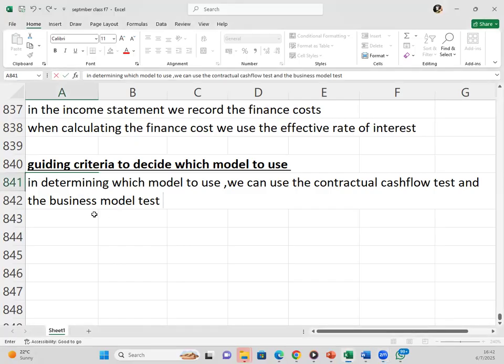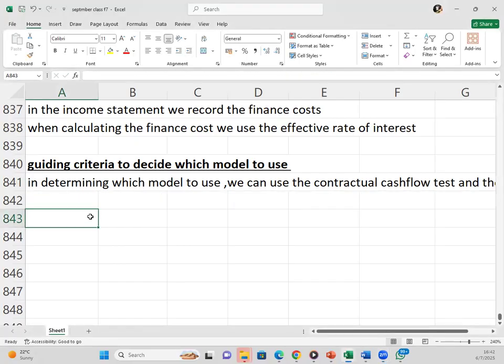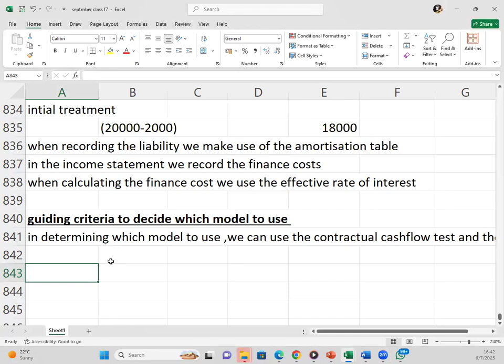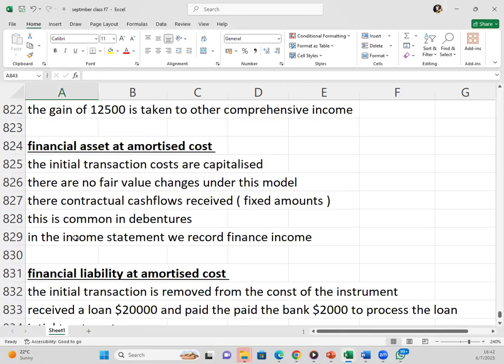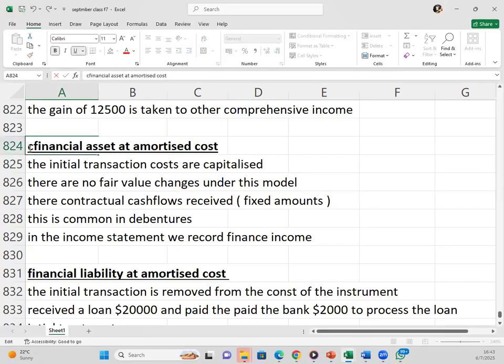These tests can help us in classifying whether the instrument is to be classified as A, B, C, or D, even if the question is not stated.